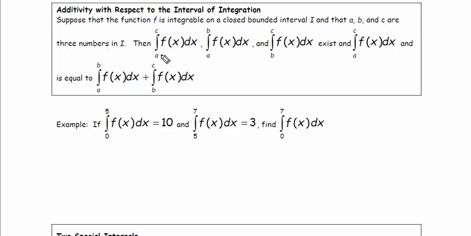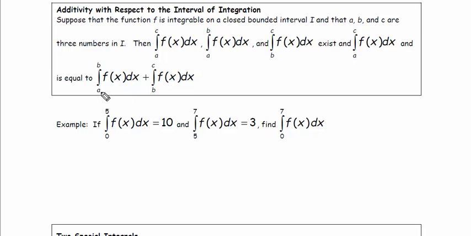Then the integral from a to b of f of x dx and the integral from b to c of f of x dx exist, and the integral from a to c of f of x dx is equal to the sum of those two. Now, this is where I was telling you to be very careful about the limits of integration.